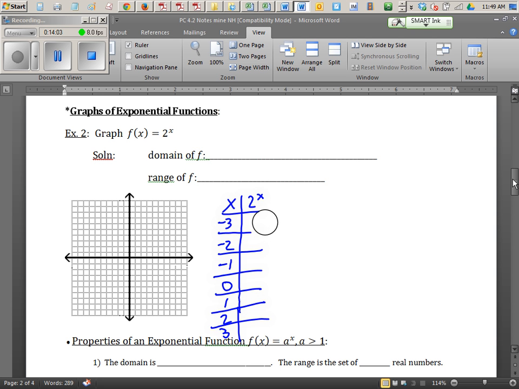And if I plug these in, I get basically 2 to the -3, 2 to the -2, 2 to the -1, and so on. In other words, I'm going to get 1/8, 1/4, 1/2, 1, 2, 4, 8. How did I get these? I plugged in the x's into 2 to the x. Okay, and if you plot this, you get this.